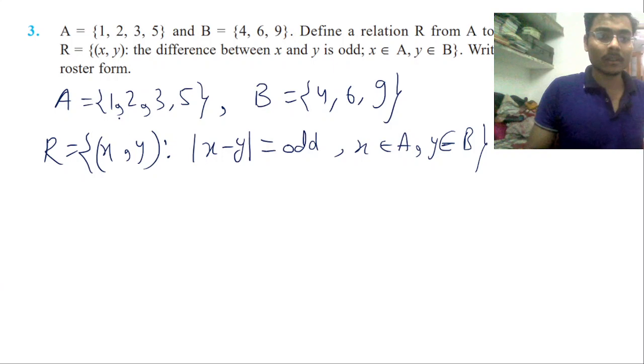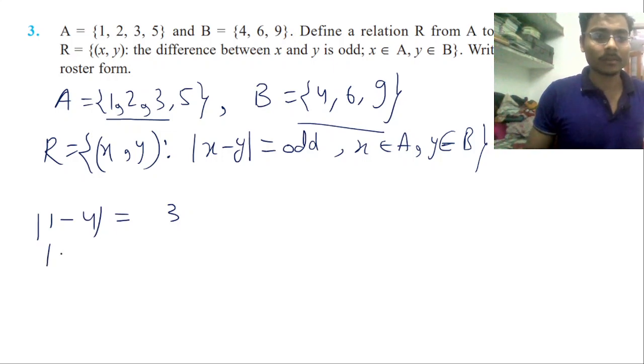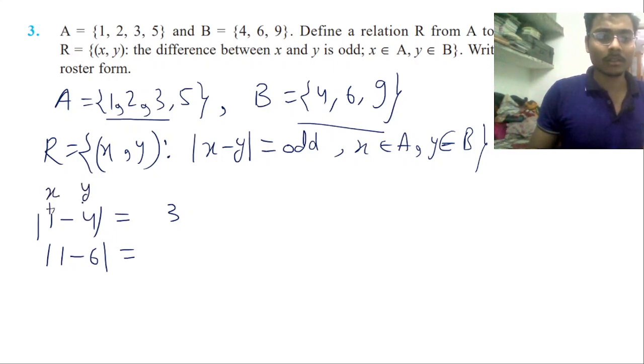So first we will take the difference of this with this. 1 minus 4 is 3, because we will have to take the modulus. Next, 1 minus 6 is 5, and 1 minus 9 is 8, so this will not be considered. This is the column of x and this is the column of y, and we are subtracting.